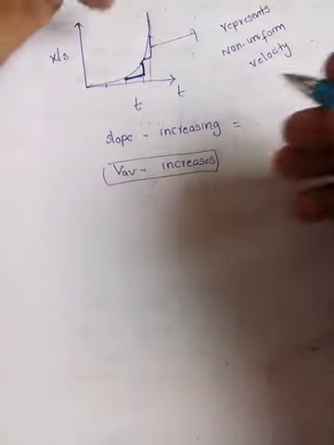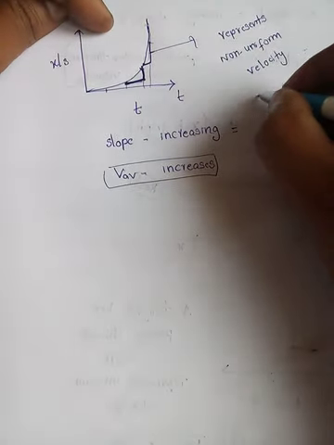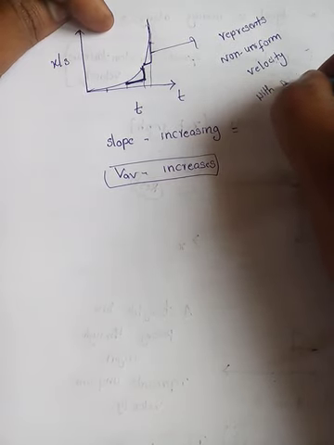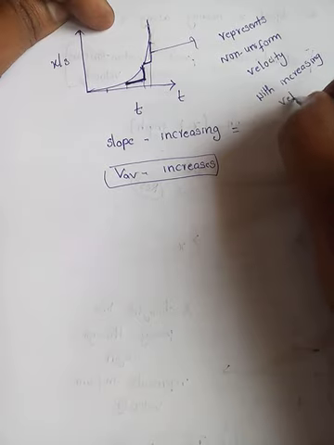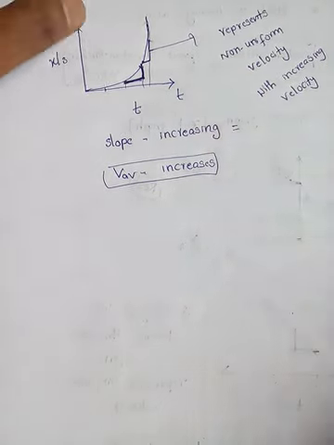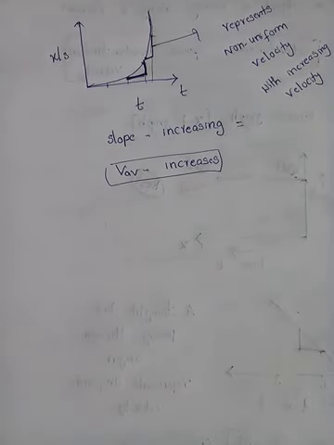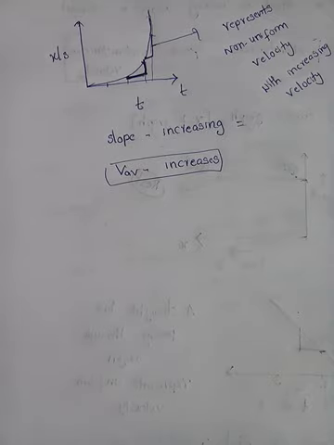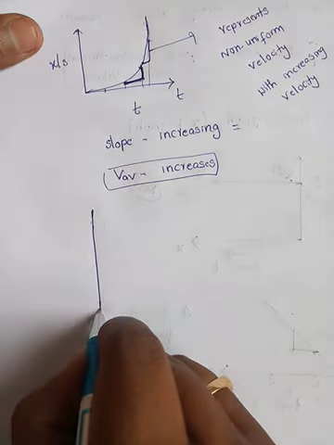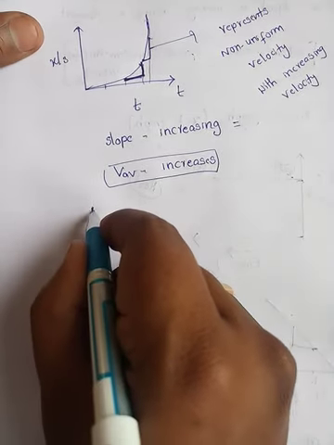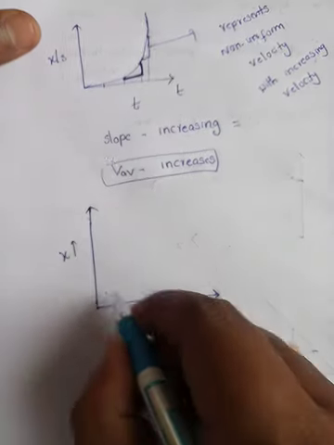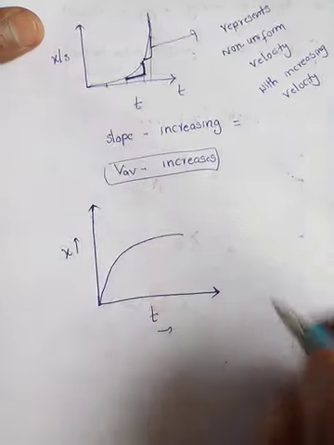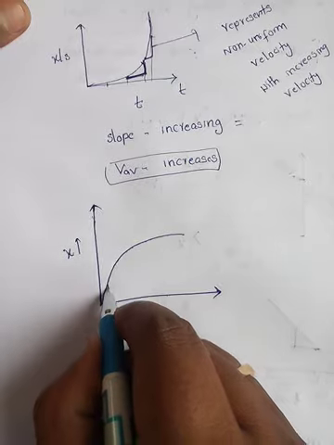So if a graph is like this, it represents non-uniform velocity with increasing velocity. The body is having non-uniform velocity, but its velocity keeps on increasing. For example, the opposite of this, let us take a graph like this, x-t, like this. See here, the slope.